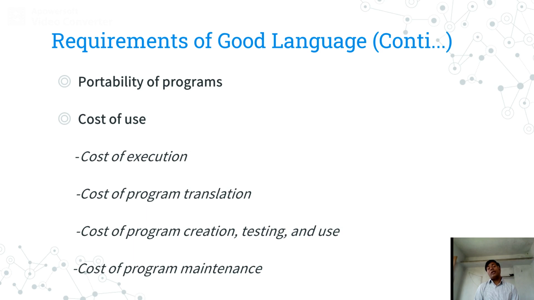Cost of execution: if any programming language has a high cost of execution, then you cannot say it is a good programming language. Cost of program translation also plays an important role in deciding a good programming language. Cost of program creation, testing and use also comes in deciding a good programming language. Cost of program maintenance is also another factor.